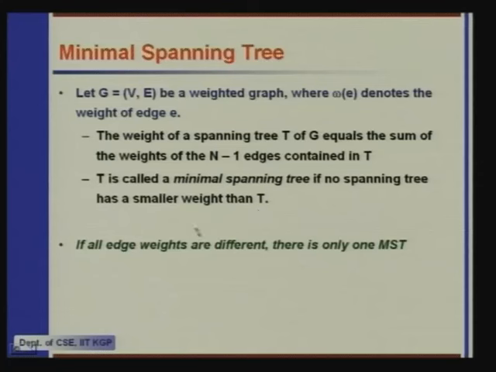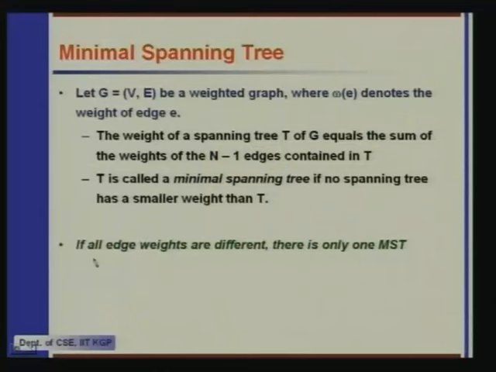And now, let us understand this result, that if all edge weights are different, then there is only one MST. So, if all edge weights are different, then the minimum spanning tree is unique. So, you don't need to say minimal spanning tree anymore, you can say it is the minimum spanning tree.